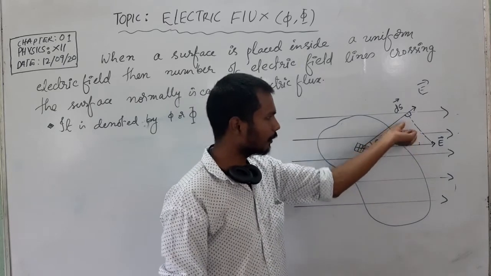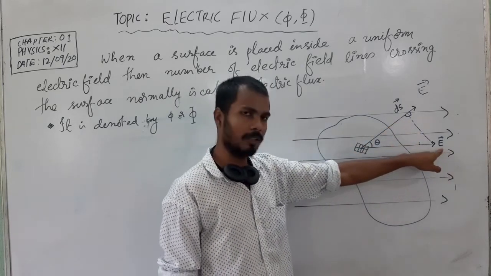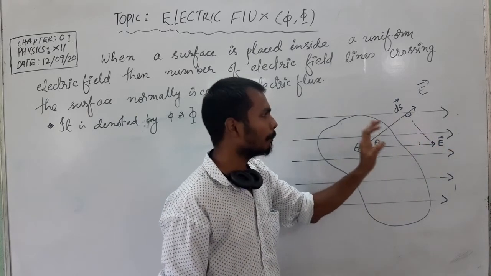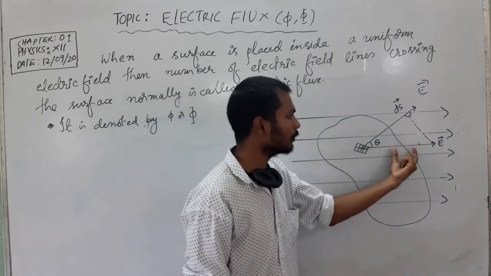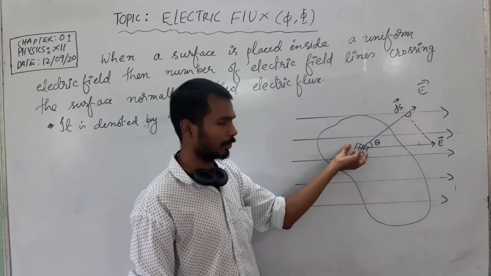This is the perpendicular, and this is the hypotenuse, and the hypotenuse is actually the electric field vector. Now see which component of the electric field vector is parallel to ds, that is, perpendicular to this area vector.